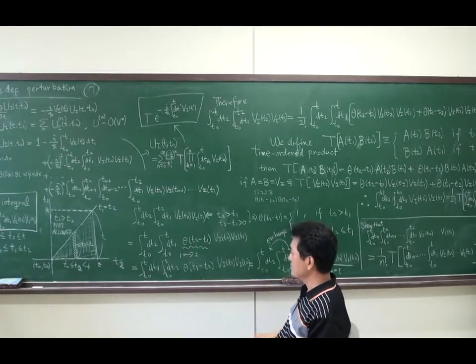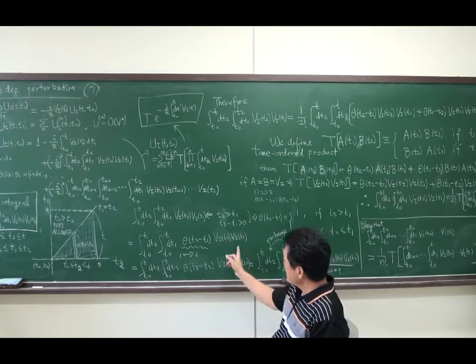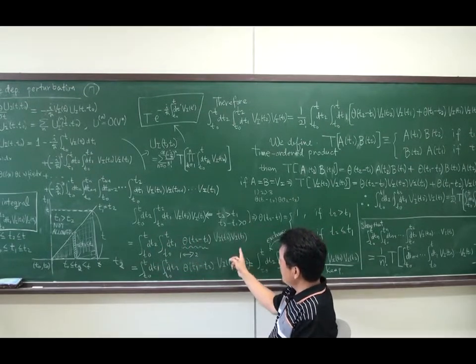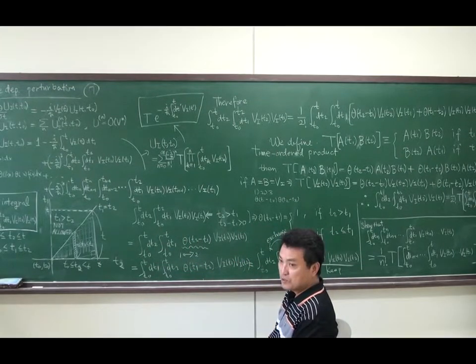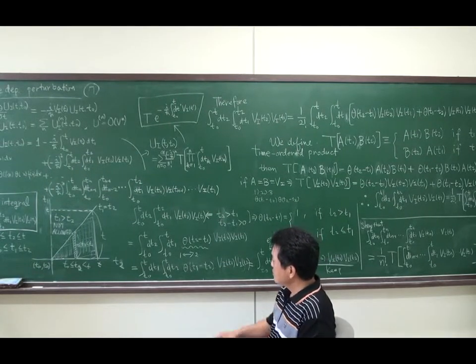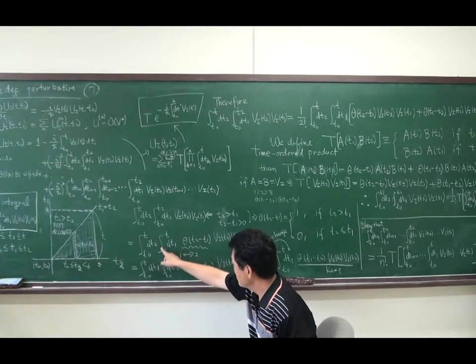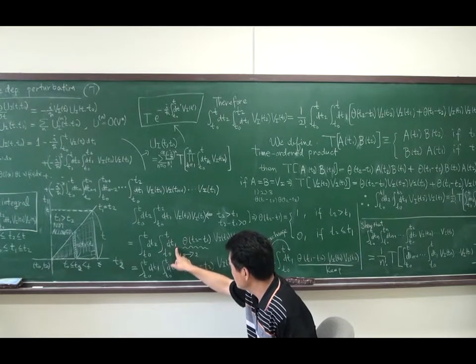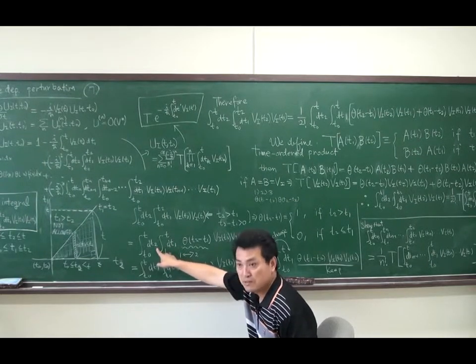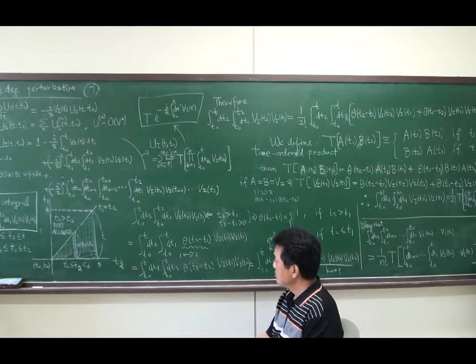I have the theta function. If I write in this way, t1 and t2 are integrated out, and t1 and t2 are actually dummy variables. t1 can be a or t2 can be b, something like that. So it's possible to replace 1 by 2 and 2 by 1, right?